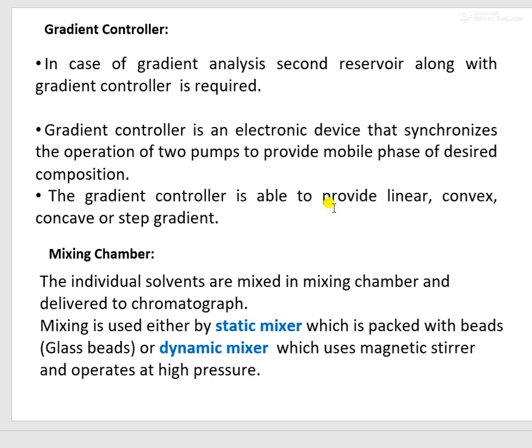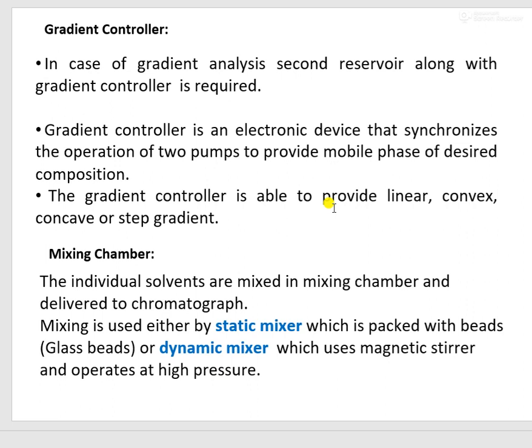All types of gradient will be provided by the gradient controller depending upon your requirement. So what is a gradient controller? For gradient analysis, a gradient controller is required. It is an electronic device that synchronizes operation of two pumps to provide mobile phase of desired composition.